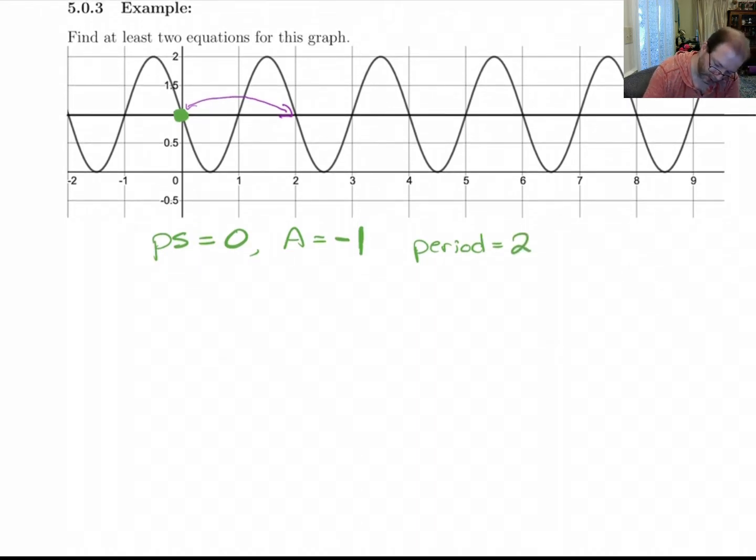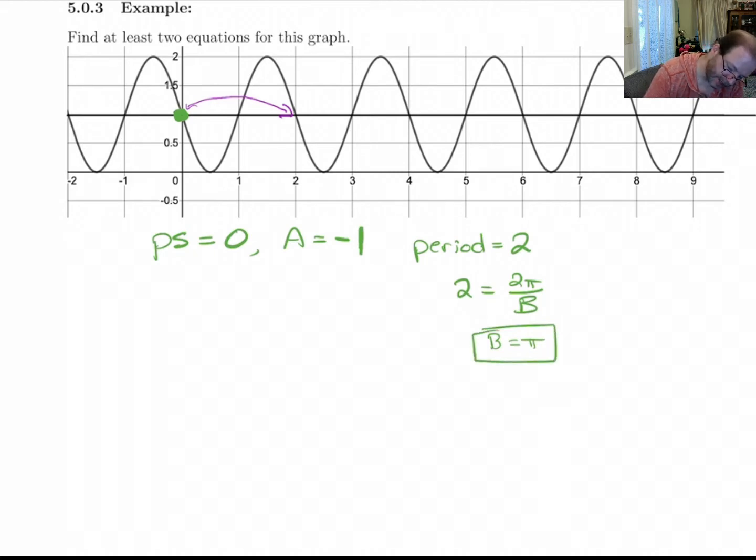All right, so period's 2, so that means 2 equals 2 pi over b. So 2b equals 2 pi, so b is pi. And then the phase shift is 0, so c is 0.